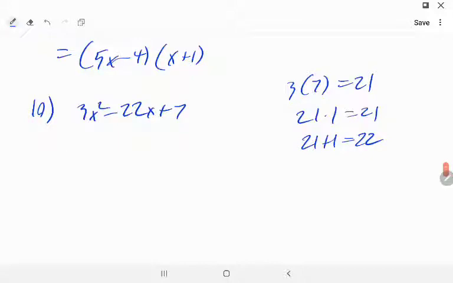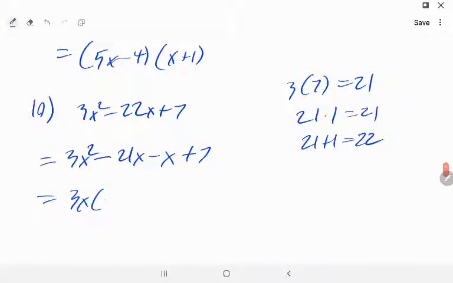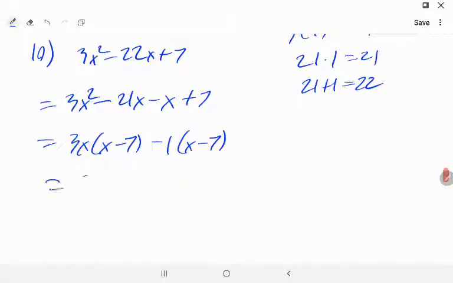So we can break this up as 3x squared minus 21x minus x plus 7. That gives us 3x times the quantity x minus 7 minus 1 times the quantity x minus 7. And that's going to give us the quantity 3x minus 1 times the quantity x minus 7.